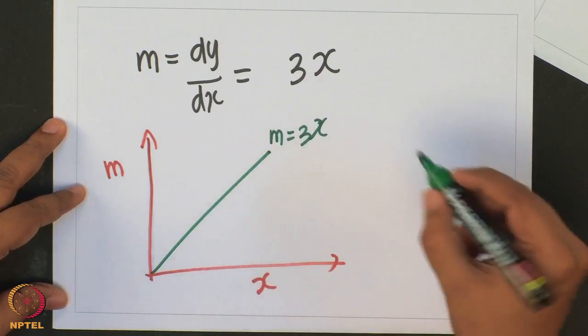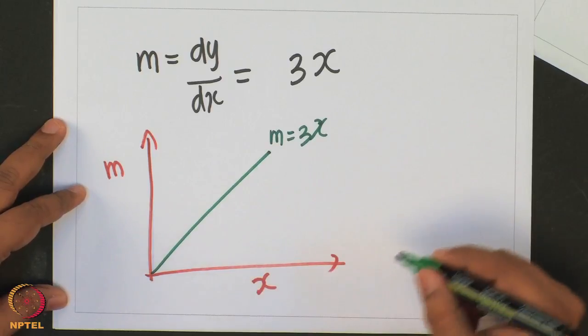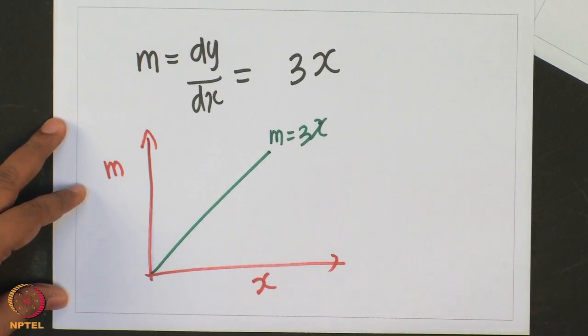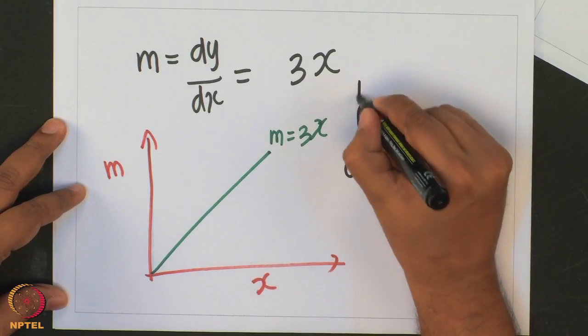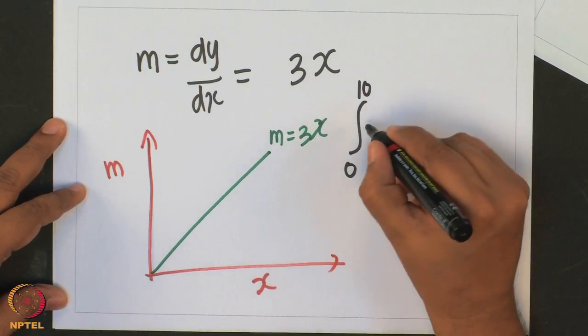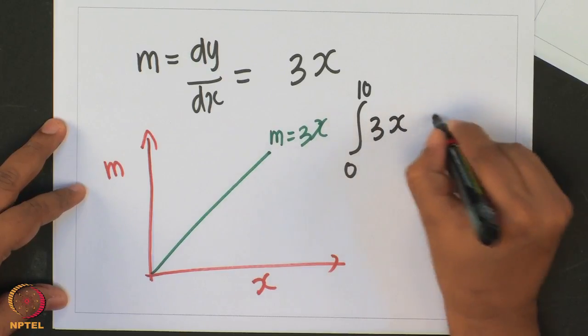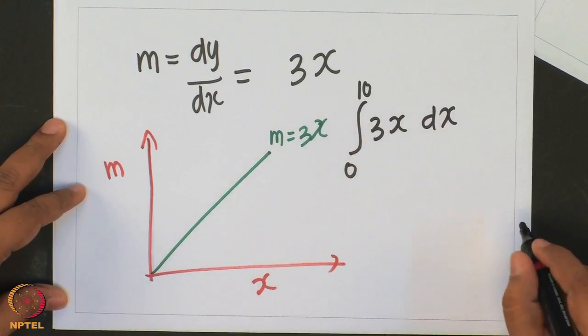If I want to integrate this from 0 to, let us say, 10, I want to calculate the integral from 0 to 10 of m dx, which is 3x dx.